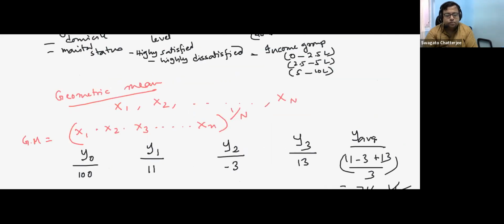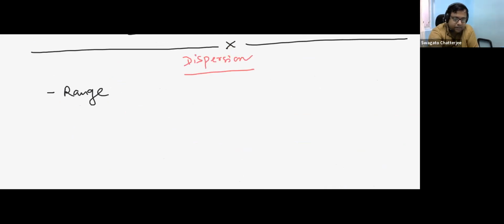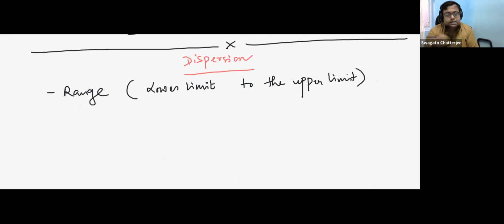So that is when we were actually talking about range. Range is basically defined from the lowest value in the dataset to the highest value in the dataset.